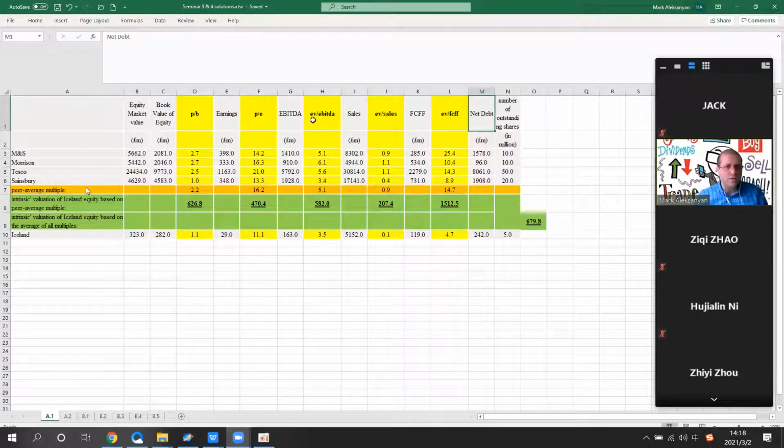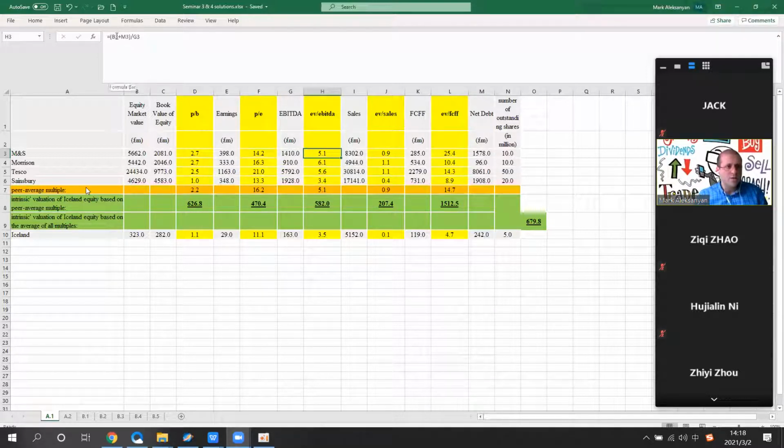So the numerator here, make sure that you add net debt to the market value of equity. Right? So let's now look at each of these multiples as they are calculated. In terms of the formula, what we have here for 5.1, we have the companies, in this particular case, this is Marks and Spencer.